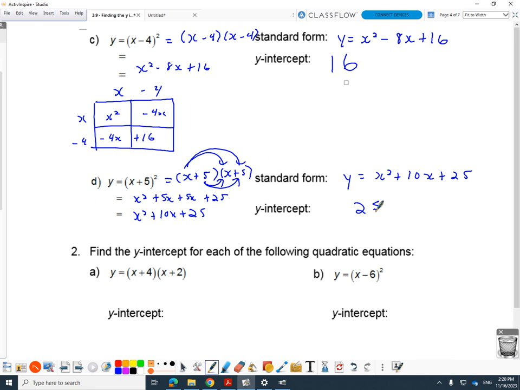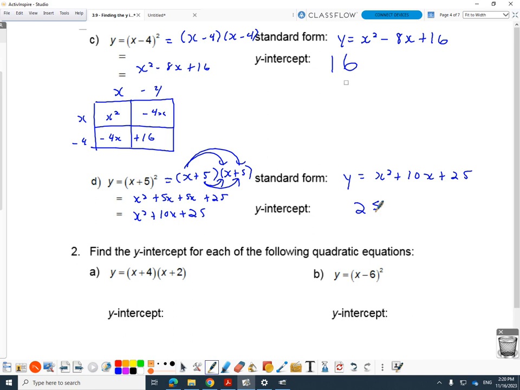Now, this time I'm not going to expand. I'm going to rewind back and go my old way, just to show that you can do it either way. This one doesn't ask you to expand it out, so I don't have to expand it out. How do I find the y-intercept? What do I do algebraically? Set x equal to 0.